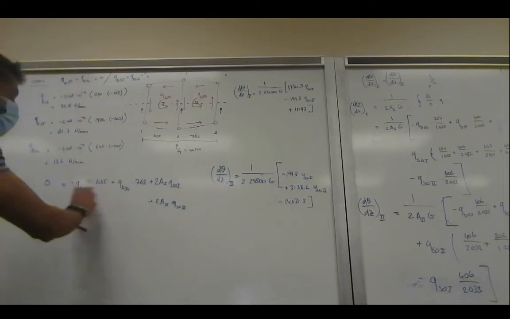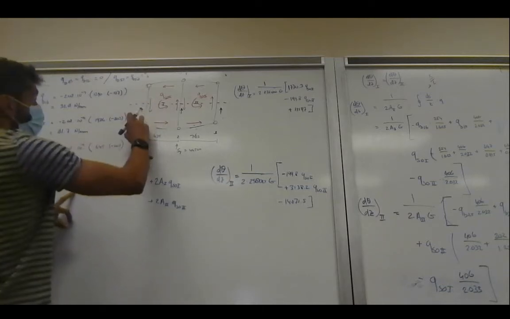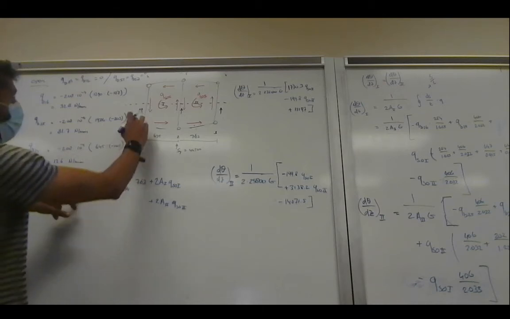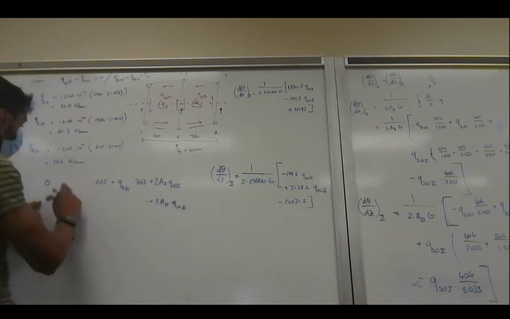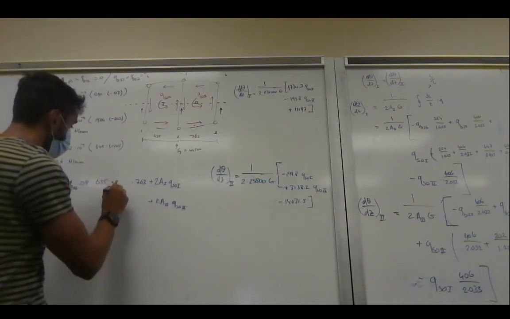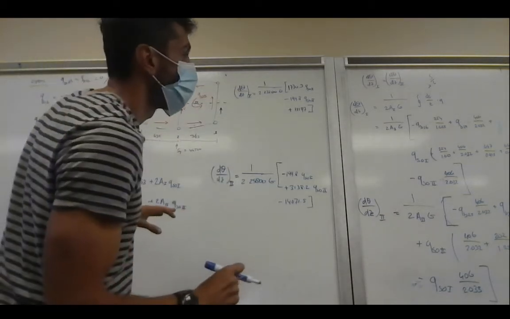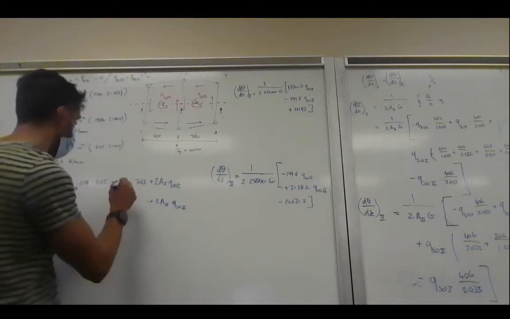No, that's a part of the equation, but here we're missing something, because we're looking for a moment, so we have to multiply the shear flow with its length to get a shear force, and then we multiply by the arm. So here we also have to multiply by 1.6. 1.6 was 254. So this becomes minus QB16 multiplied by 254 multiplied by its arm. This becomes QB34 multiplied by this. That was 202, right?